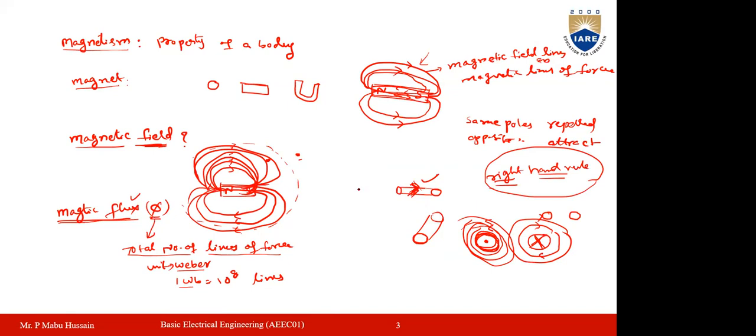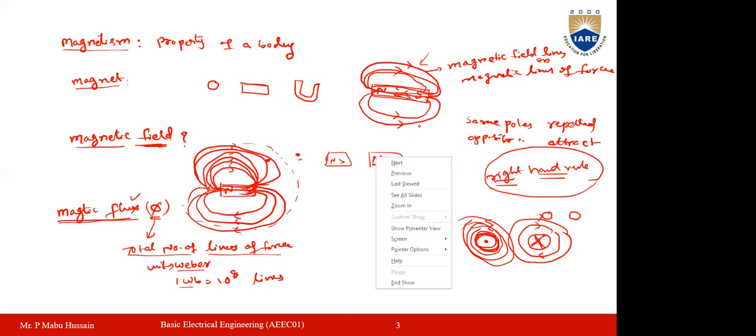Right, now if you have two magnets, there exists a certain force between these two magnets depending upon the type of the pole. Now if on this side you have a south pole and on this side a north pole, these two will attract each other.